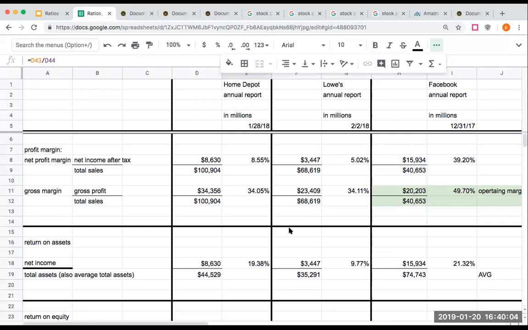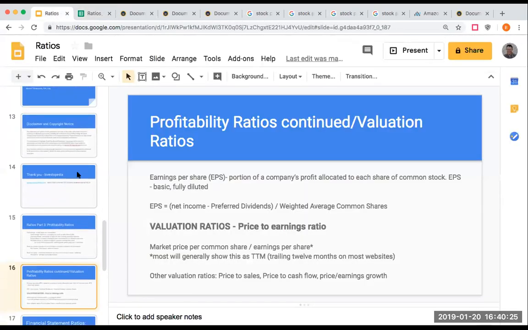It's kind of like Moneyball for companies, or financial statement analysis. Whatever you want to call it, you need to make sure you're doing this prior to lending anybody any money, prior to doing business with other people, and the like. So that concludes our presentation on the profitability ratios.